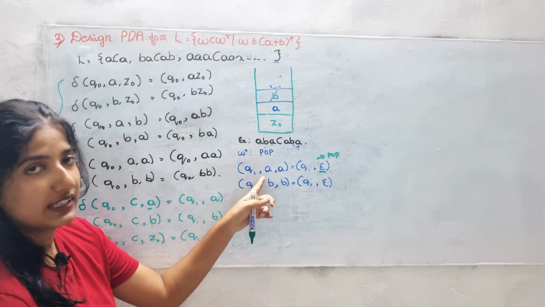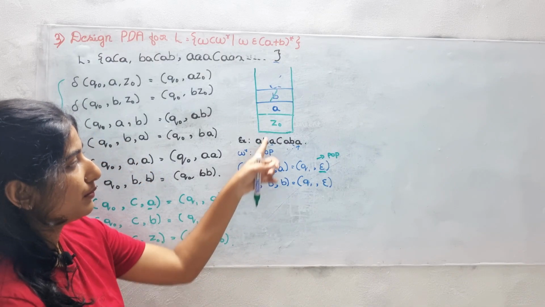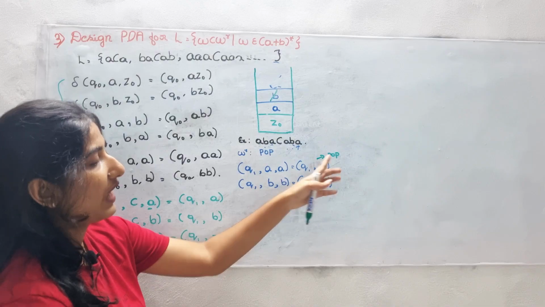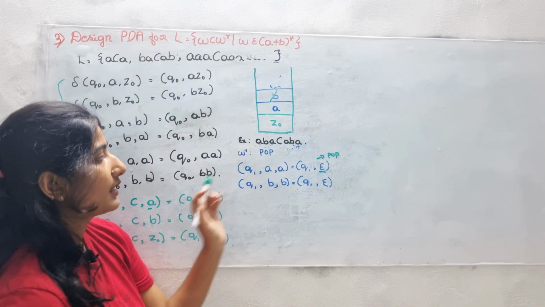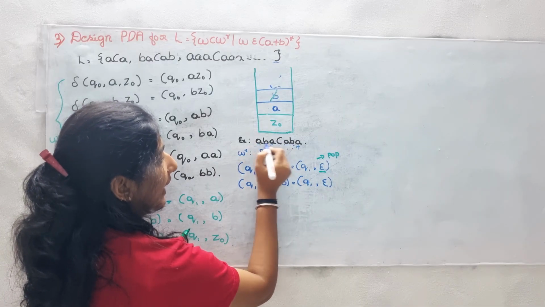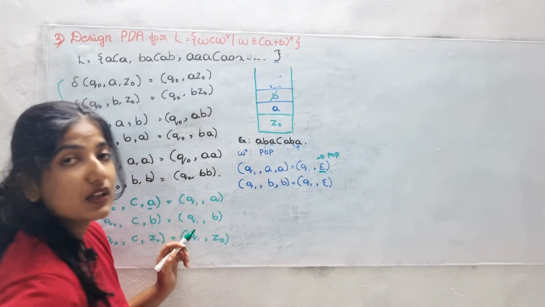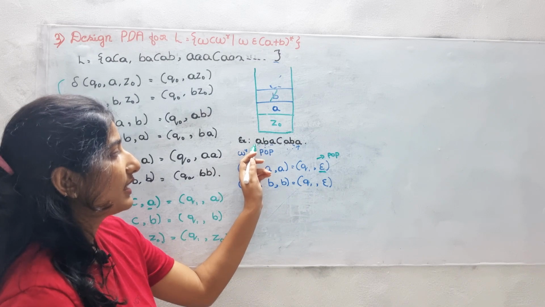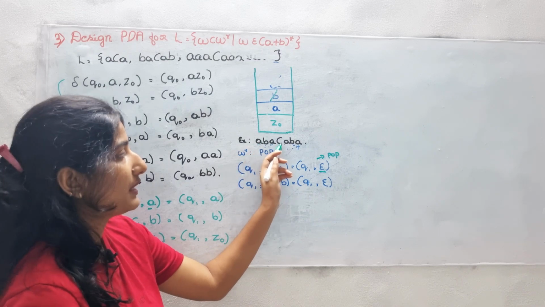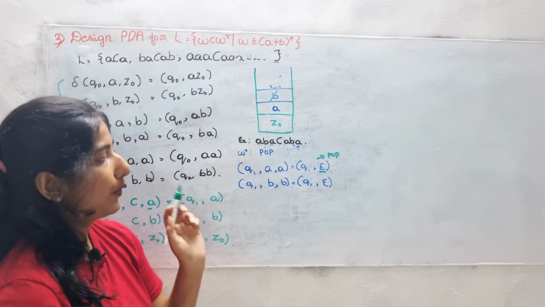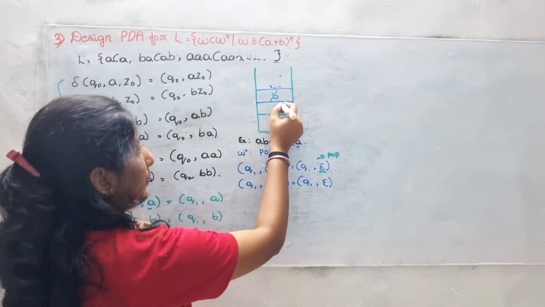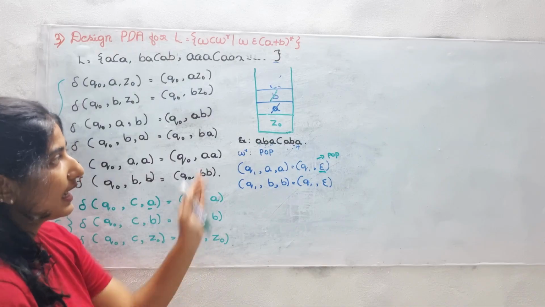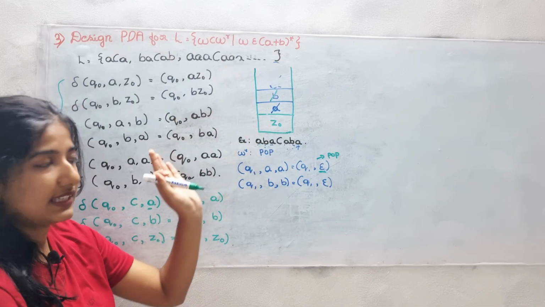So this is already done, right? Input symbol A, top of stack is A, we have to pop. So there are only two functions in popping, because look here, for A, B, A, for the same input symbol there will be the same symbol to pop. Okay, so this is for popping. And at the end, we popped all the input symbols, so we only have this Z0.